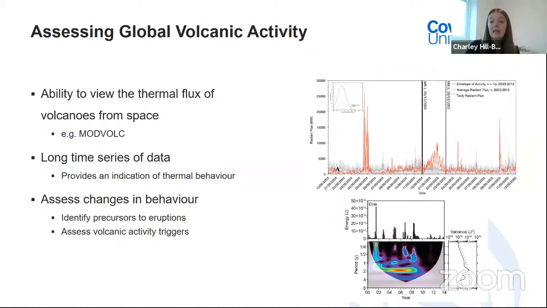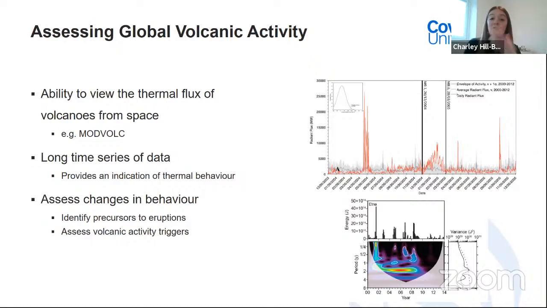Our example here is from Etna, and what we were discovering at Mount Etna was almost an overturning, a renewal in activity around every 200 days or so. With that information, we can understand and track changes in its behaviour. Would we perhaps be able to identify triggers of volcanic activity?